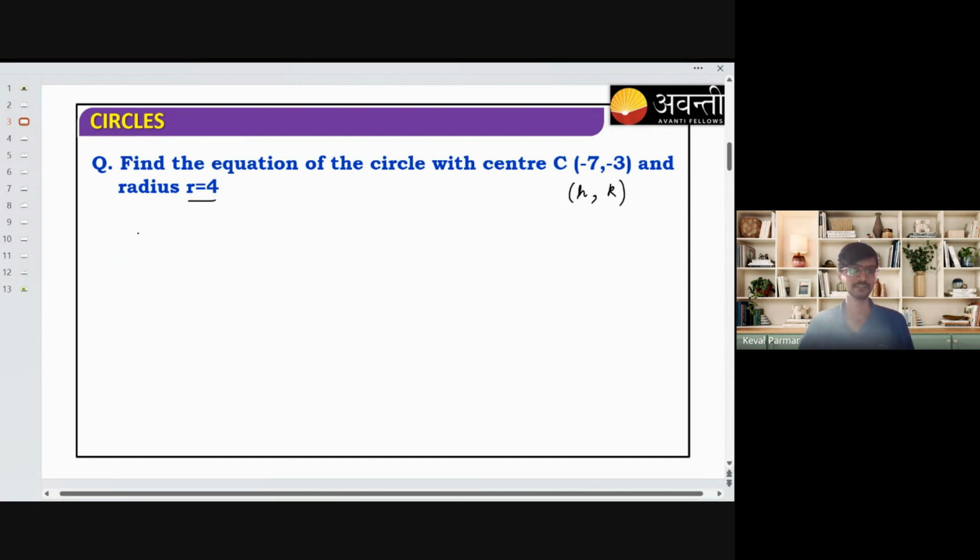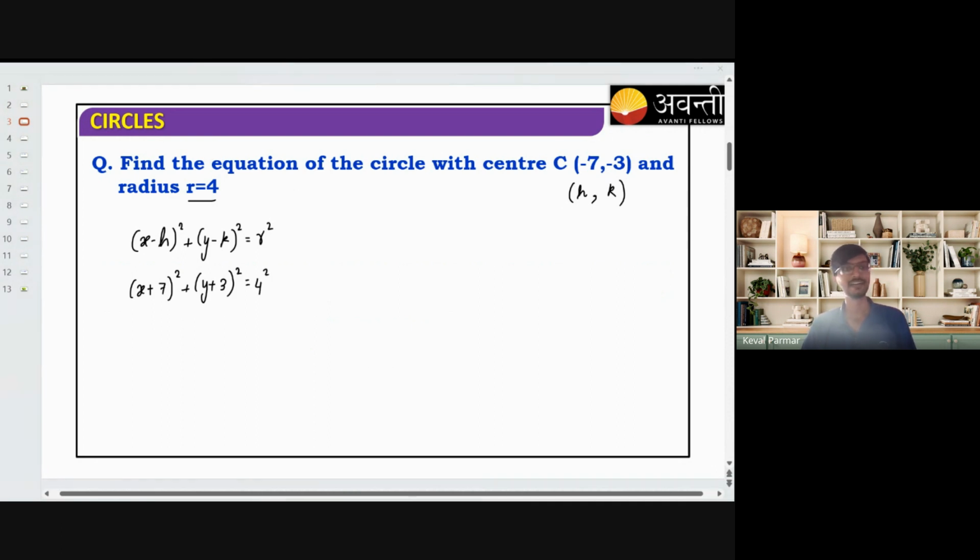What is the center radius form? It is (x minus h) the whole square plus (y minus k) the whole square equals r square. If we substitute the values of h and k, what do I get, guys? I get (x plus 7) the whole square plus (y plus 3) the whole square equals 4 square.